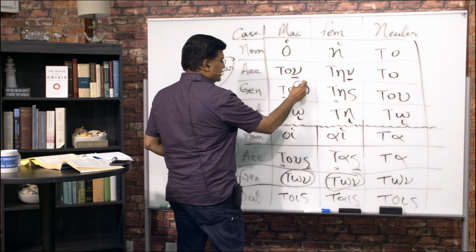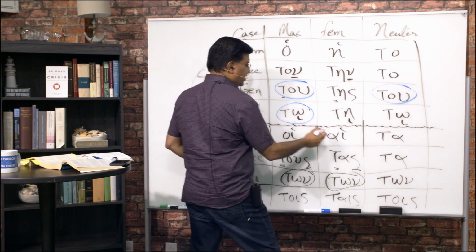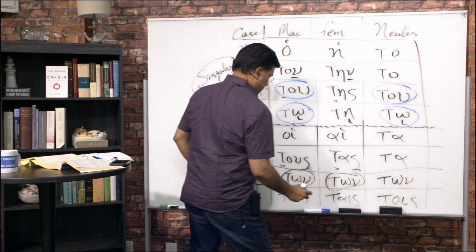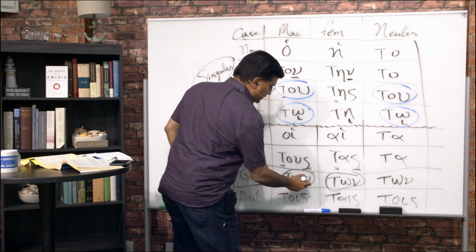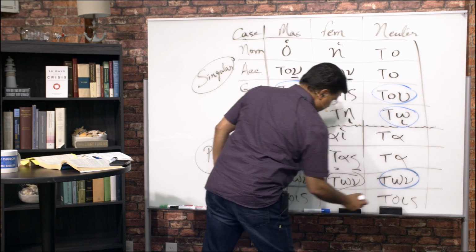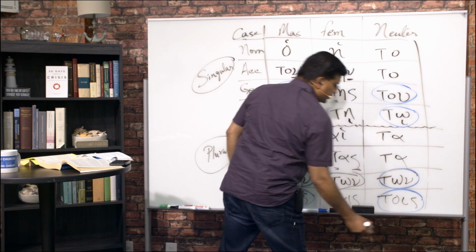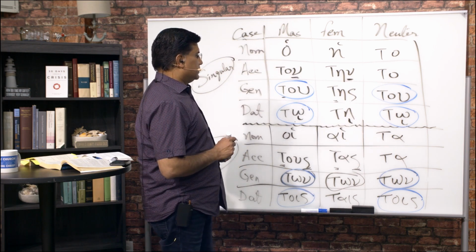If you notice, tou is tou, tō is tō, and tōn is tōn, and tois is tois. Exactly the same.